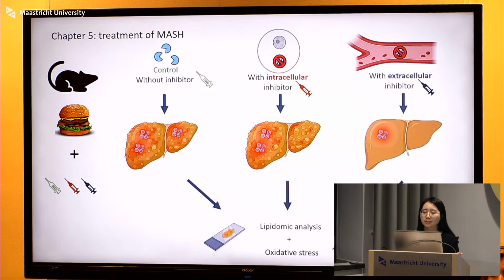To understand this result, I performed a lipidomic analysis to see what the differences were in lipid content. Additionally, I also looked at oxidative stress, which is a marker for cellular damage.